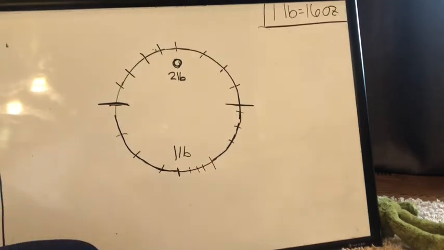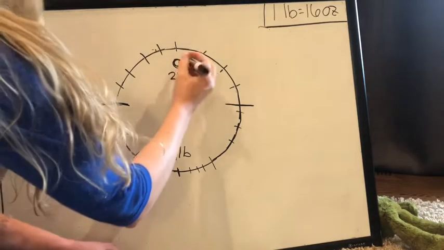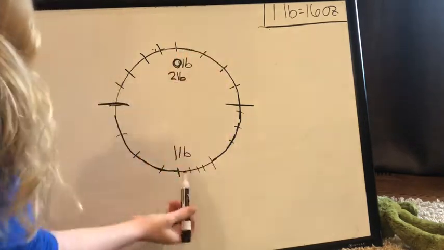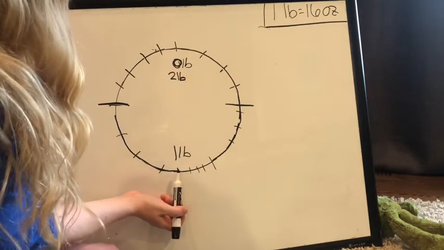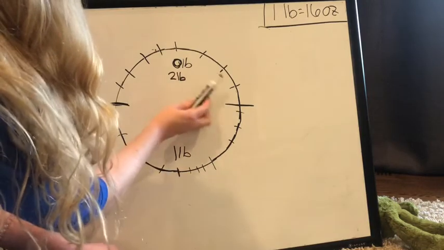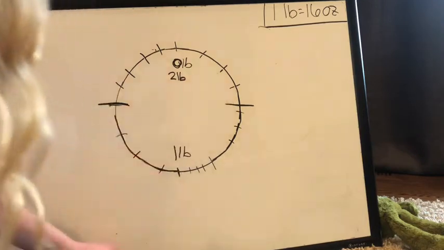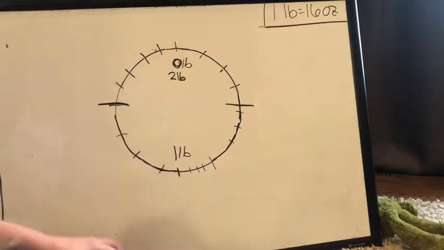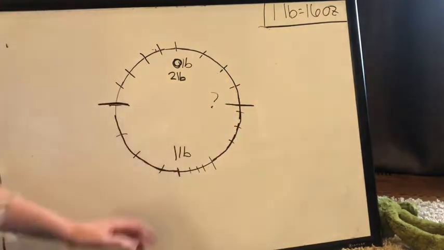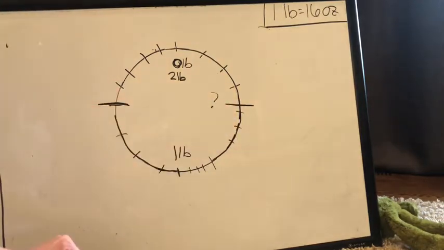What if our scale looked like this, right? So we start at 0 pounds. Down here is 1 pound. And then between every half pound, we have 1, 2, 3, 4 markers. So first I would ask myself, how many ounces is here, right?